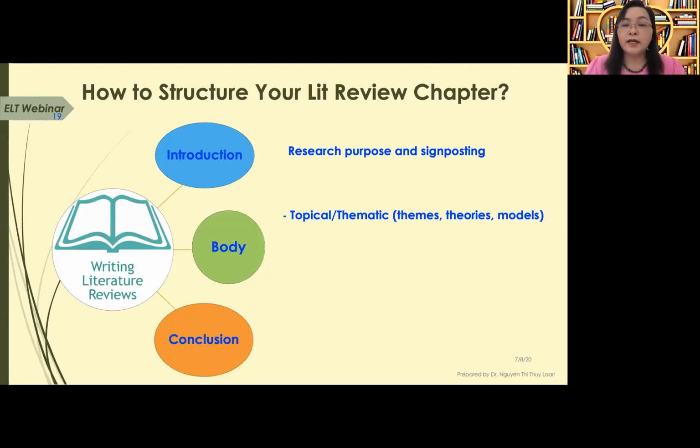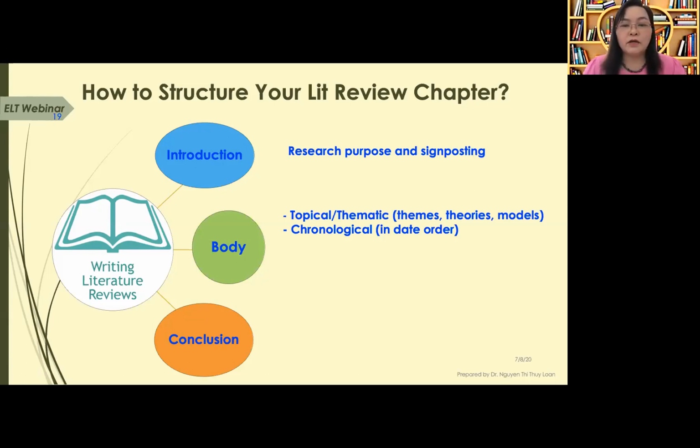We can organize them according to theme, where you group the topics together. You group the research that shares the same theory or the same models together, or you can group them according to the research method. This section you review one way of researching the topic, another section is another way of researching the topic. It's up to what you find in the literature.